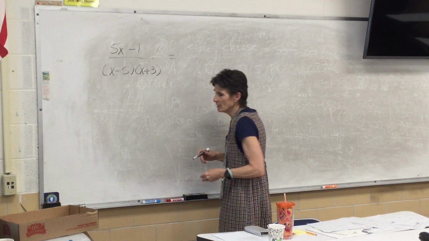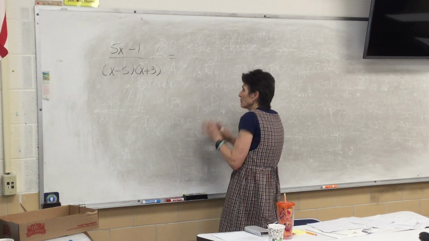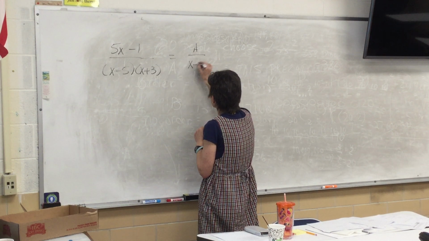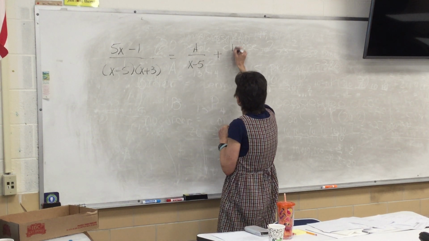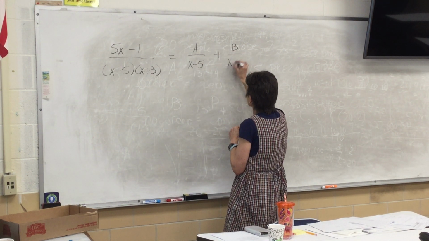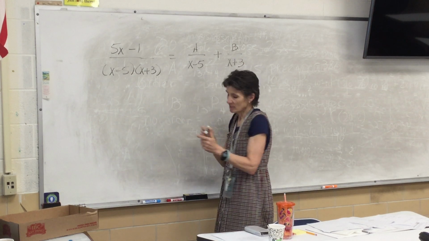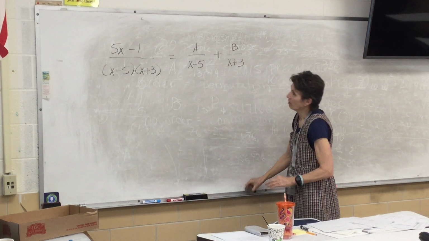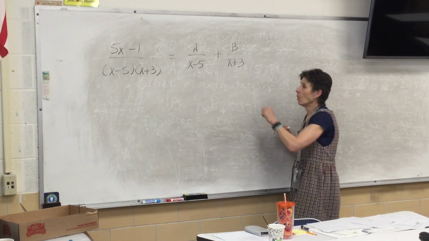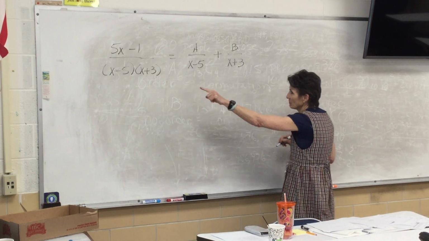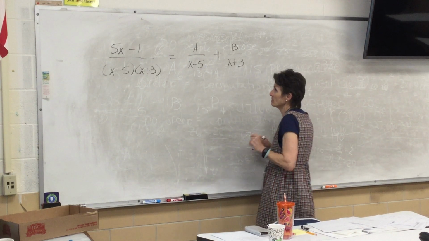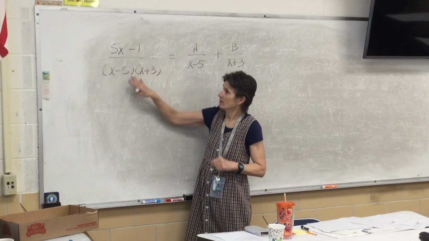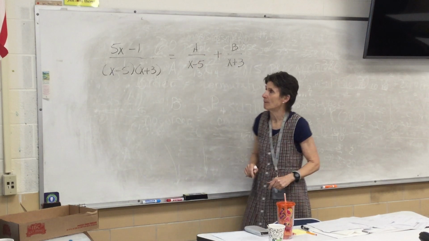And then what we are doing is figuring out what two little fractions got added together to make this big fraction. So there are two smaller fractions, one with a denominator of x minus 5 and one with a denominator of x plus 3, that when they get added together, would give you this big fraction with that as the common denominator.